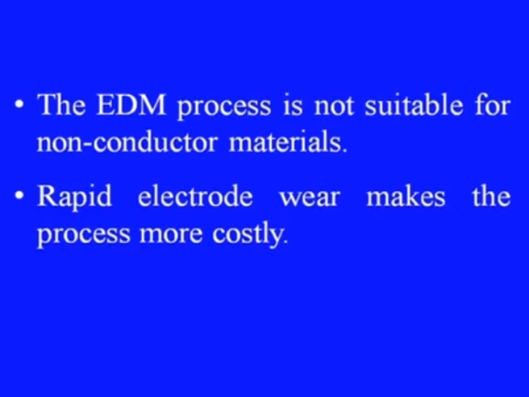Rapid electrode wear makes the process more costly. This also we have already discussed. The erosion takes place not only on the work surface, but also on the tool end or the tool head. However, that quantum of erosion at the tool head is much less compared to the erosion at the workpiece.